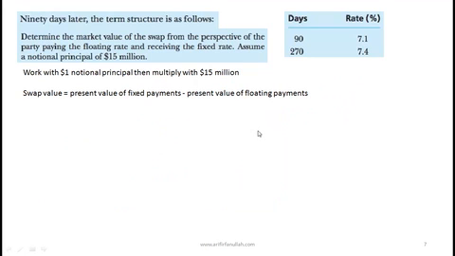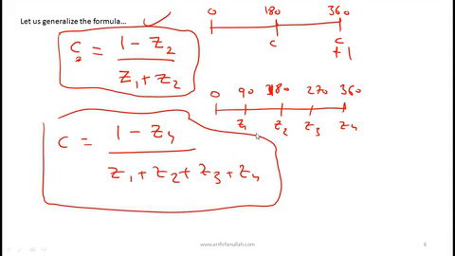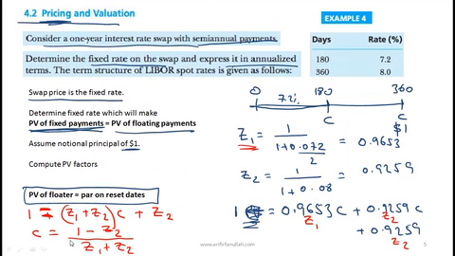Okay, so what did we just, actually let's just finish off this example over here. So this was the formula. So what is the value of C? If you actually do the calculation, you get 0.0392. So C is equal to 0.0392. So what then is the fixed rate or the price? Is it this number or this times 2?